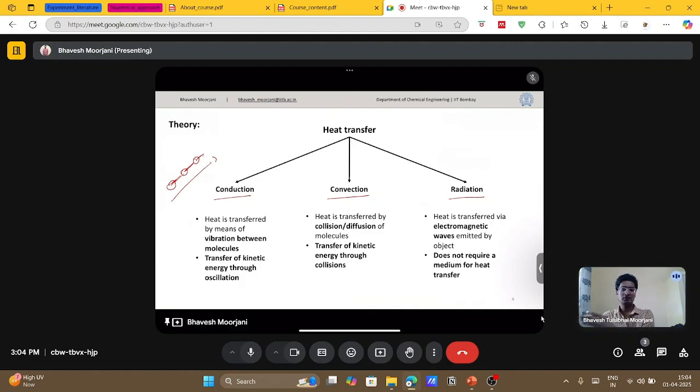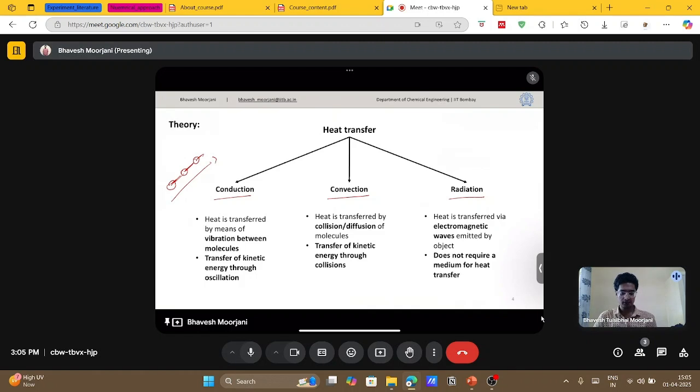So kinetic energy will be transferred from the higher oscillation to the lower oscillation, and thus the energy will be transferred, right? In convection, heat is transferred by collision or diffusion of molecules within each other, right? This collision leads to the transfer of kinetic energy from one point to another point. Thus total energy is transferred, total heat is transferred.